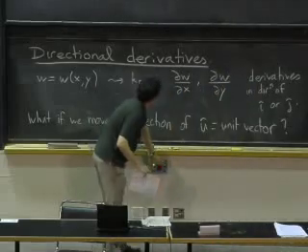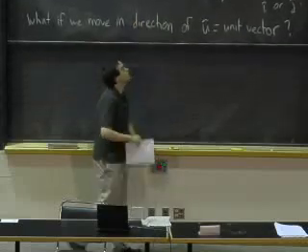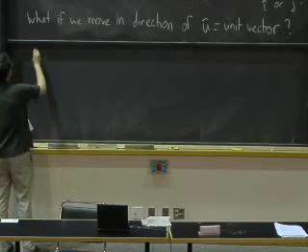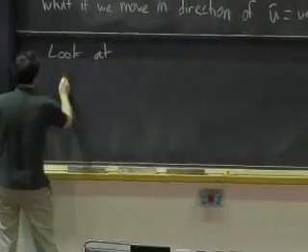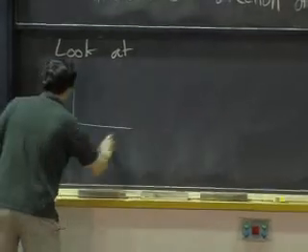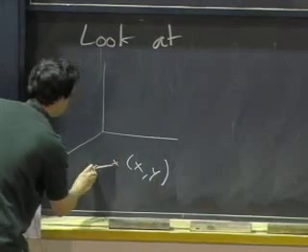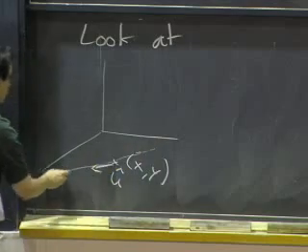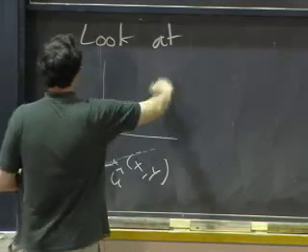So let's look at a straight line trajectory. What this should mean is I start at some value x y, and there I have my vector u, and I'm going to move in a straight line in the direction of u. And I have the graph of my function.